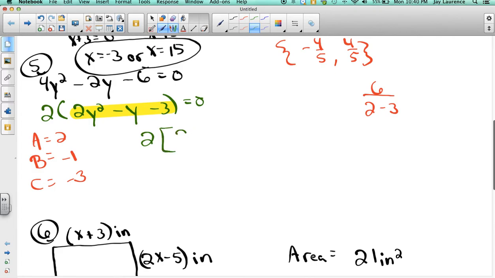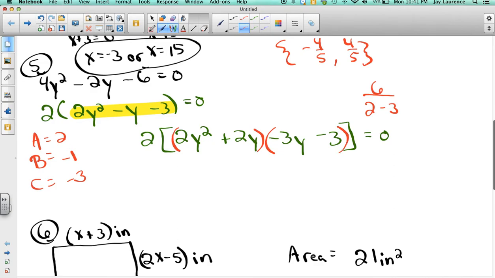So I'm going to get a 2y squared. Now instead of writing a -y, I'm going to write a plus 2y and a minus 3y. That's the same as -y, and a minus 3. That will equal 0. Ready to group inside that bracket like so, and stick a plus sign in between.